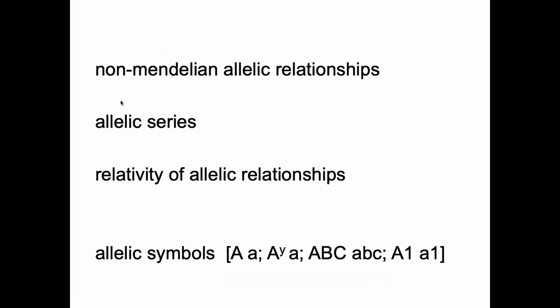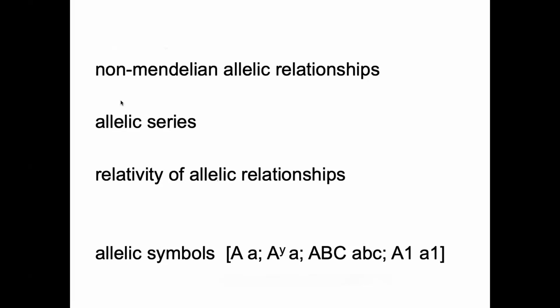And then the last point that I tried to describe in this discussion is the idea that students in past years, when they're working problems, get confused when the symbolic designations for alleles are given.